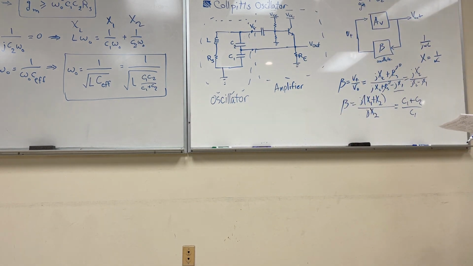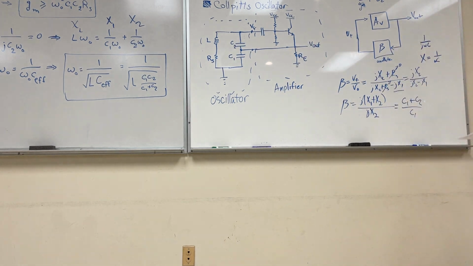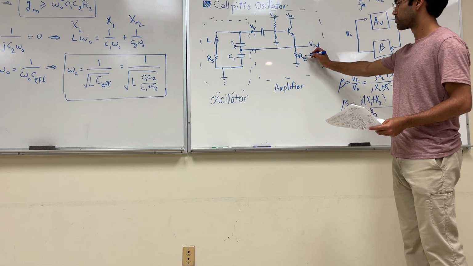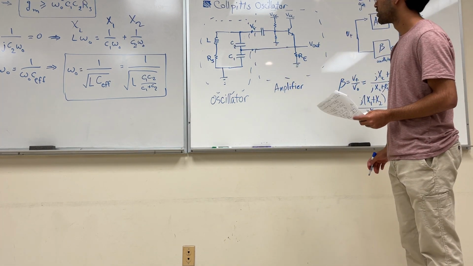So we know the gain of the amplifier, and that is the impedance at the emitter, okay? But it turns out the impedance at the emitter is not so simple. You have this resistor at the emitter, but also this whole unit.